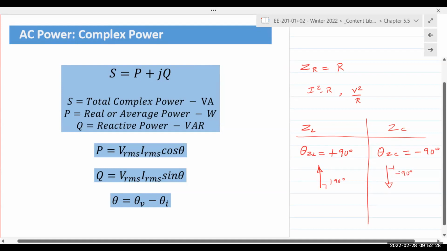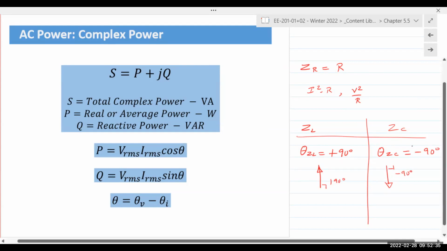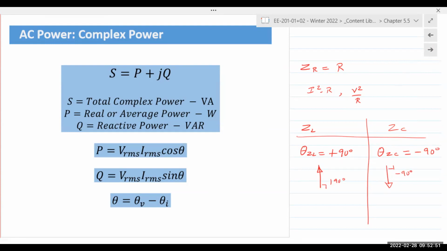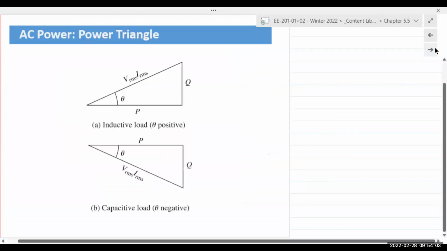And so when we plot the reactive power for both the inductor and the capacitor, we get what is known as the power triangle.